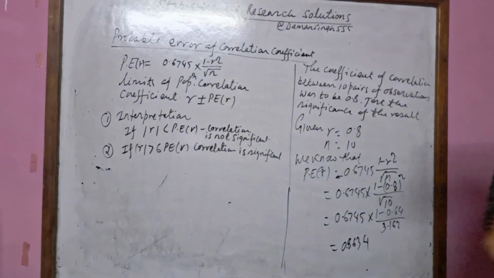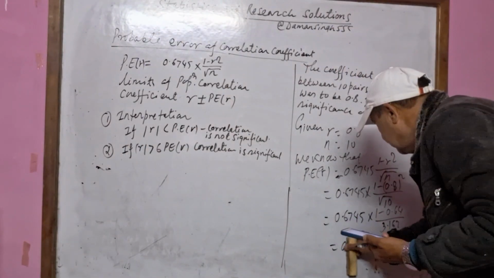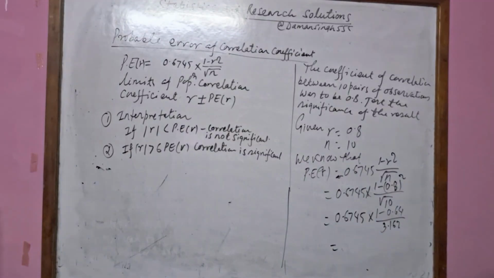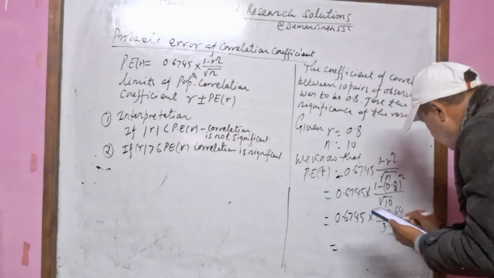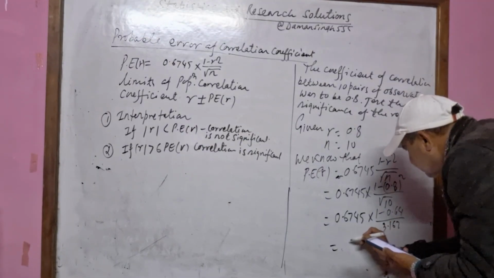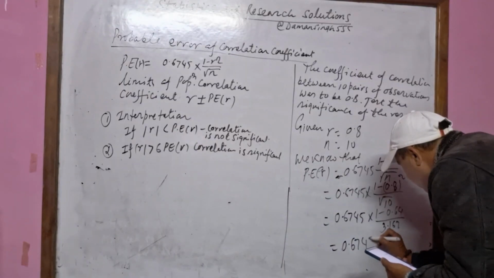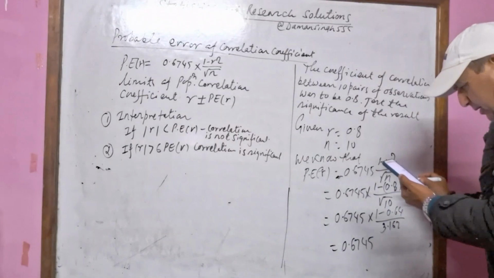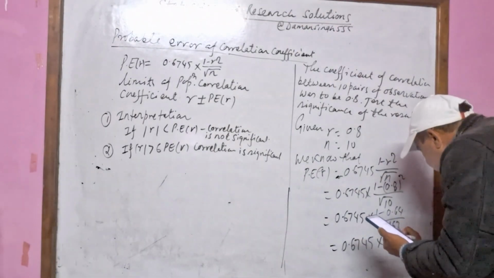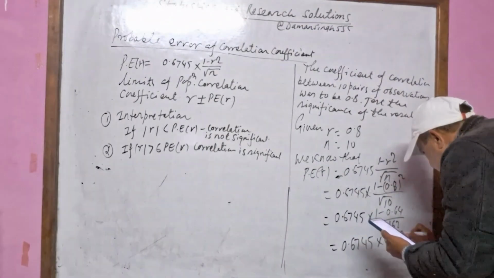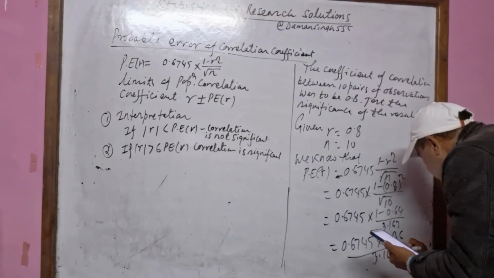I think the previous value was wrong. So you write 0.6745, and after subtraction you get 0.36, divided by 3.162.